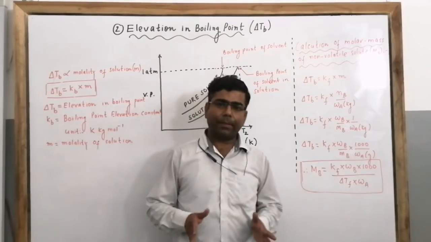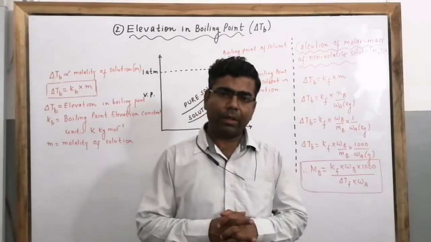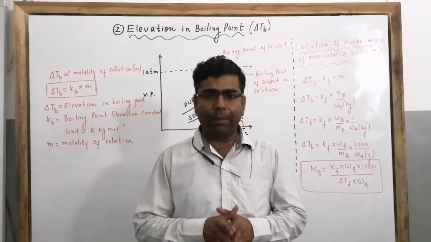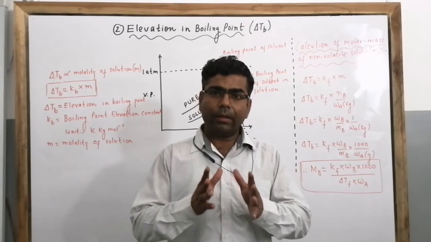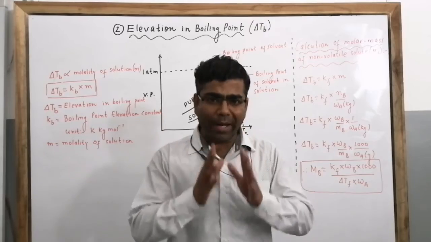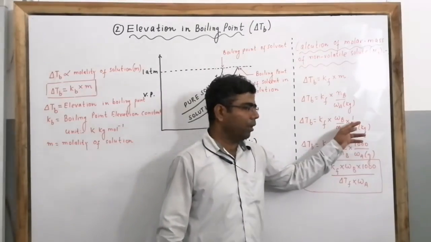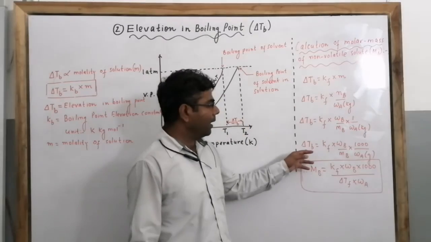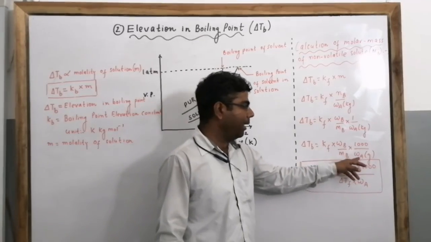Now sometimes the mass of solvent is also provided in gram. In that case, we have to convert that mass into kilogram. So what we will do? We will divide the mass of solvent provided in gram by 1000. So 1000 will go to the numerator side, and the formula becomes delta Tb equals Kb into Wb by Mb into 1000 by Wa.